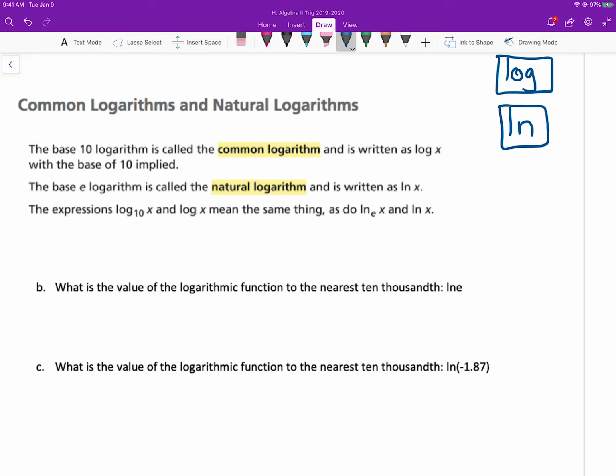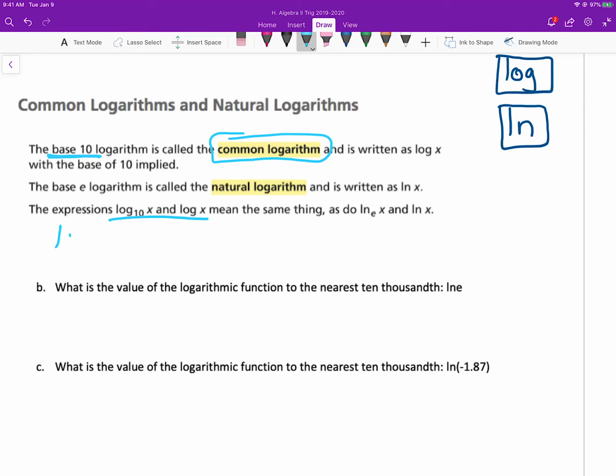The first one is the common logarithm. It's a common logarithm because it's used a lot. It's really, really common. And that's when it has a base of 10. And the base of 10 is used so often, they don't even write it. It's just implied, it's there, and it's not put at all. So what I mean by that, it's what this typed text says.